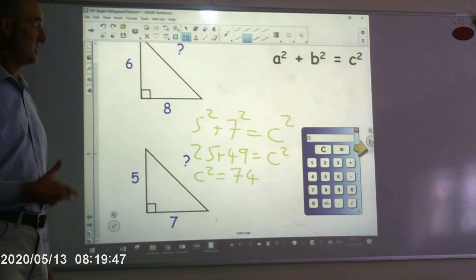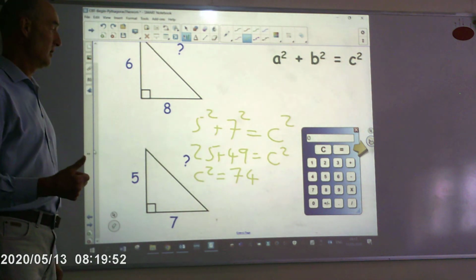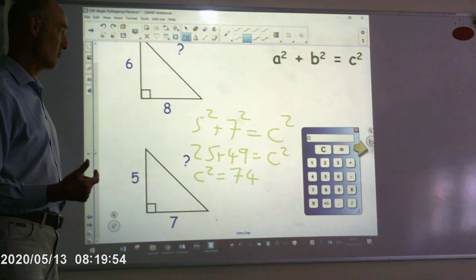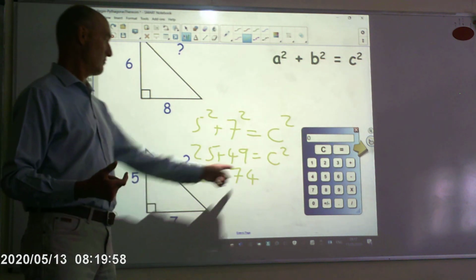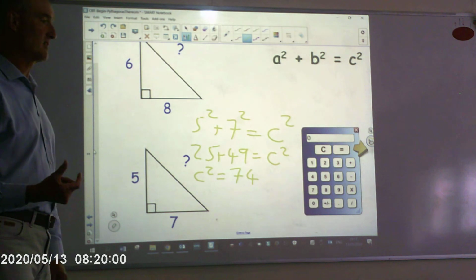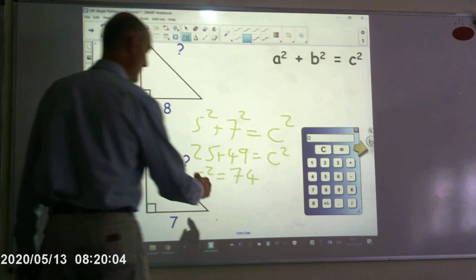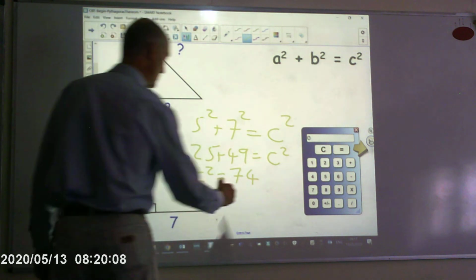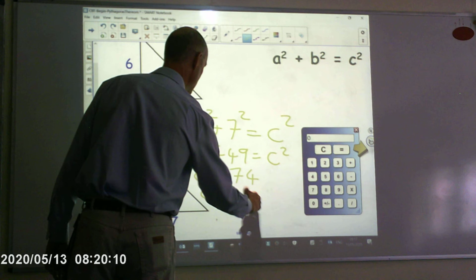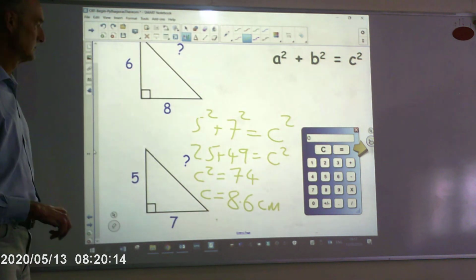I don't know what the square root of 74 is off the top of my head. The square root of 64 is 8, the square root of 81 is 9. So the square root of 74 is going to be roughly between those. You're going to have to go to calculator to do that, and that actually comes out as c, that long side, equals 8.6 centimetres when we round it to one decimal place.